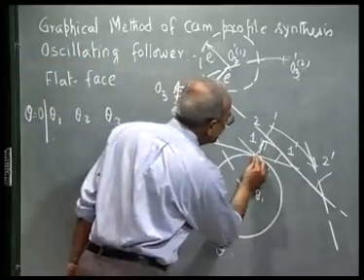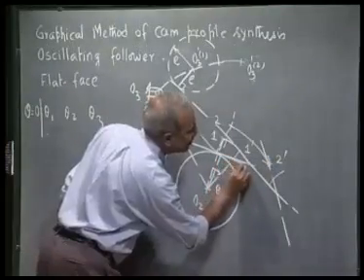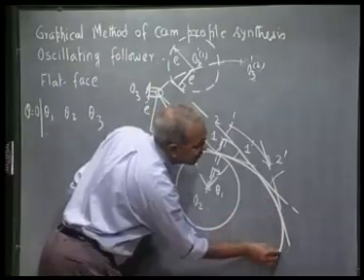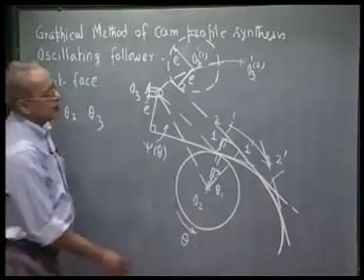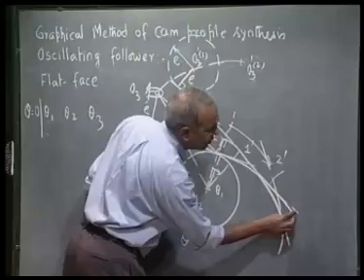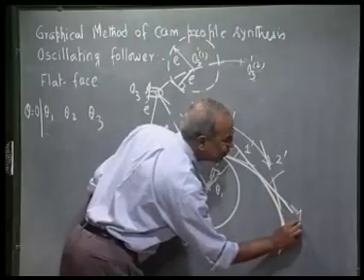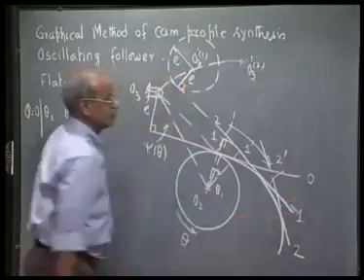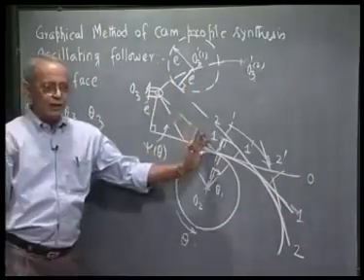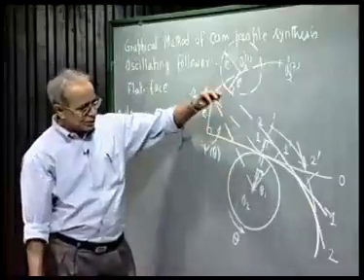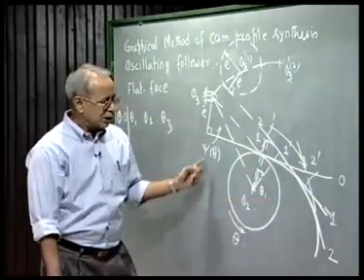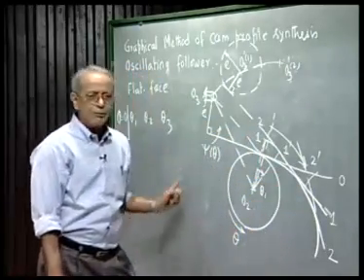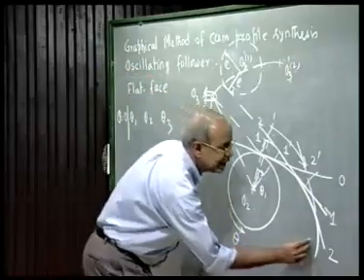Now a curve which is tangent to all these inverted positions of the follower face is an envelope to these inverted positions. This is corresponding to 1, this is corresponding to 2, this is corresponding to 0. So once I get the inverted positions of the follower faces, which is a family of straight lines, I draw an envelope to this family of straight lines, and that is nothing but the cam profile.